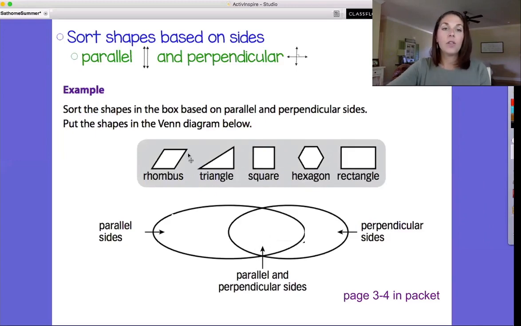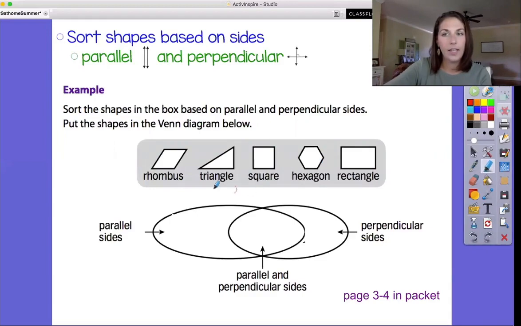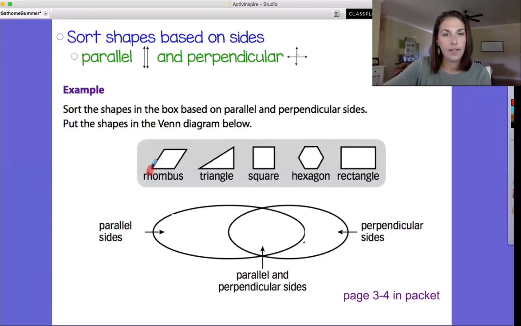Okay, so let's look here at the rhombus. So when I look at this rhombus, if I look at my opposite sides, I'm going to try to highlight here as the opposite sides. So we have this side and this side, and if I could draw straight lines with this, I would hopefully see that those lines would never intersect.